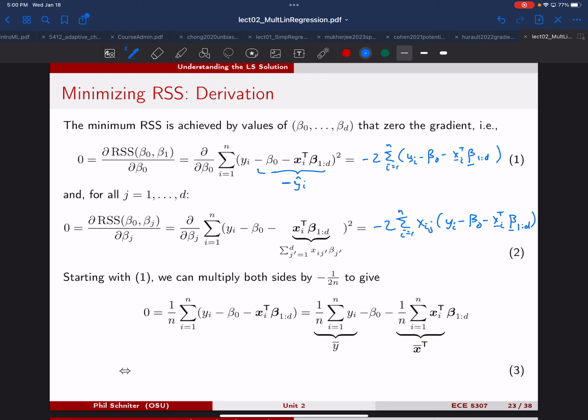We rearrange it a little bit, and we find the beta 0 term must equal y bar minus x bar transpose beta 1 through d. So this is a direct analogy of what we saw in the last unit. The only difference is that x bar is now a vector, and beta 1 through d, which used to be scalar beta 1, is now itself a vector. But otherwise, it matches perfectly.